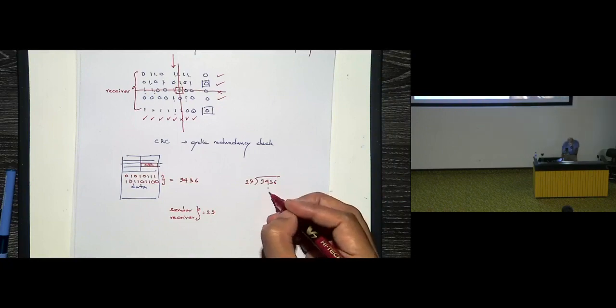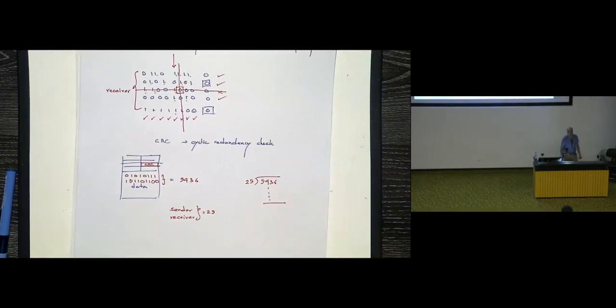I will divide, and hopefully there's a remainder, whatever it is. This one I think my phone can do. 9436 divided by 29.